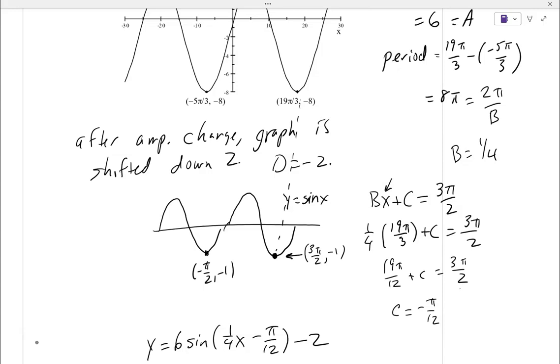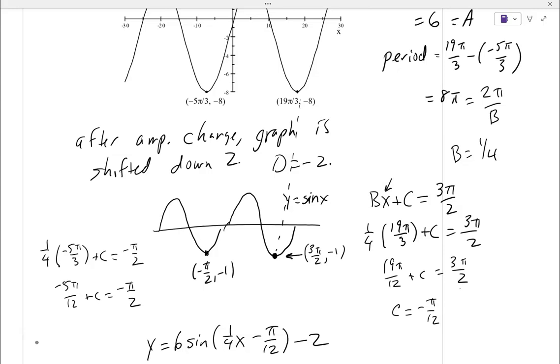You could do 1/4 times -5 pi over 3 plus c equals negative pi over 2. That's -5 pi over 12 plus c equals negative pi over 2. Negative pi over 2 would be -6 pi over 12. Add your 5 pi over 12 over, you get the same value. Otherwise, something is going completely wrong.